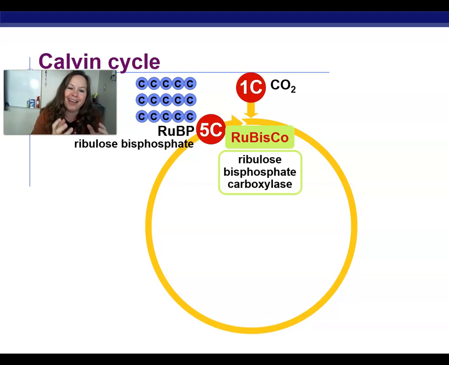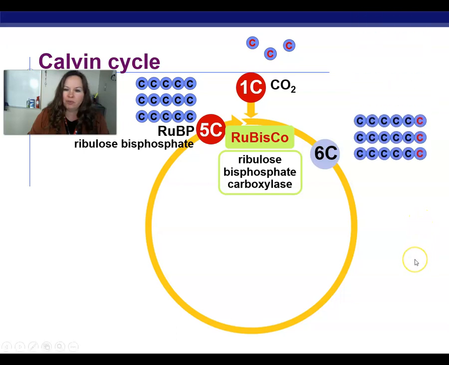It's the enzyme that actually grabs carbon dioxide out of the air and grabs RuBP, puts them together, like remember a pen with a cap. One of them's carbon dioxide, the other one's RuBP. So Rubisco would be me, and put them together. Now we can go about our cycle.